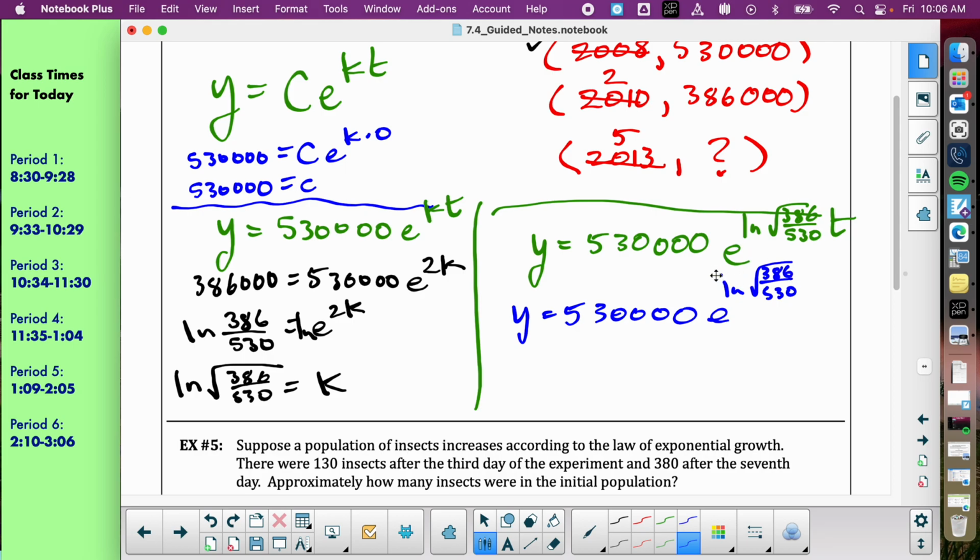So 5 ln. So 538,000 e to the 5 times ln of square root 386 divided by 530.